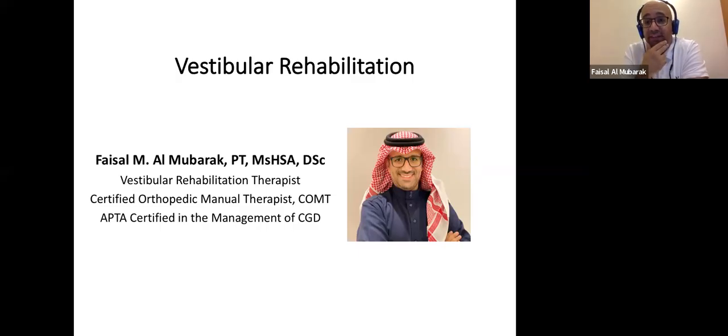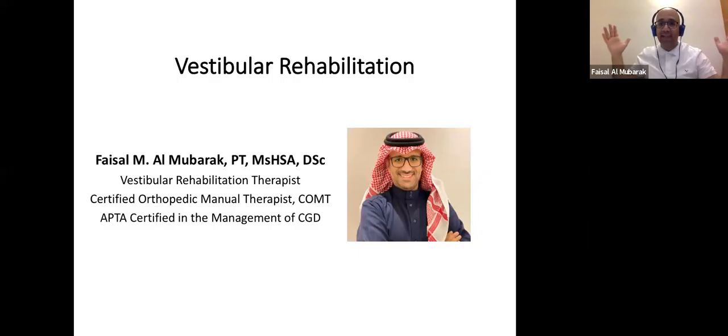And one main thing of body functionality is laying on the balance system. So a patient or any person who is having difficulty in maintaining their balance, their quality of life is affected. They cannot function. They cannot do anything. They will be disabled. So balance is the main thing that we're talking about today.